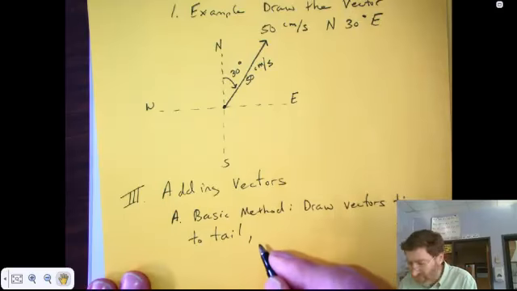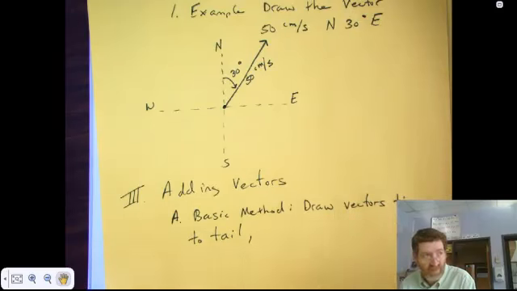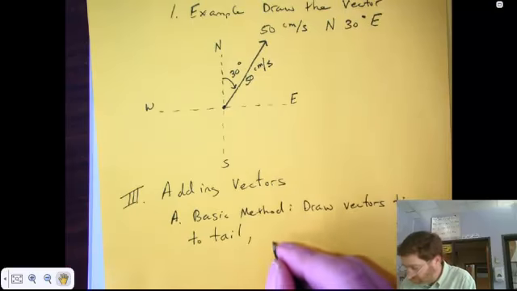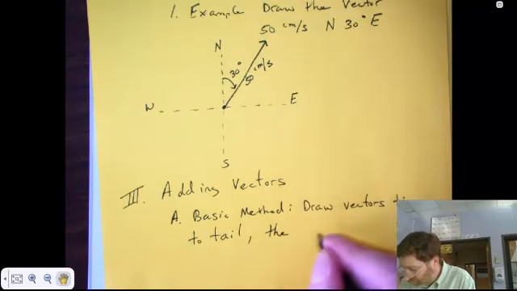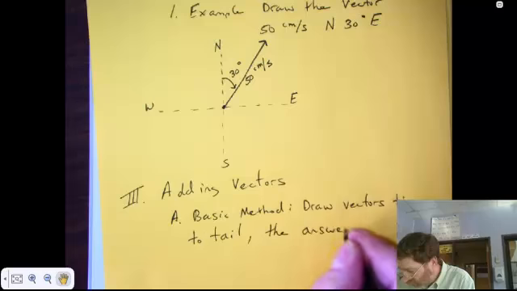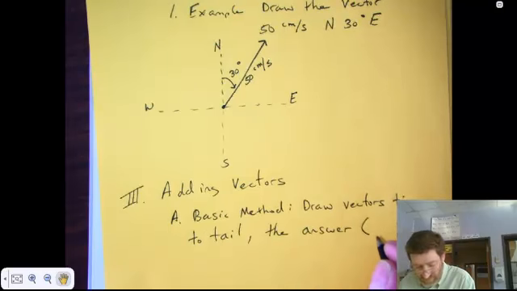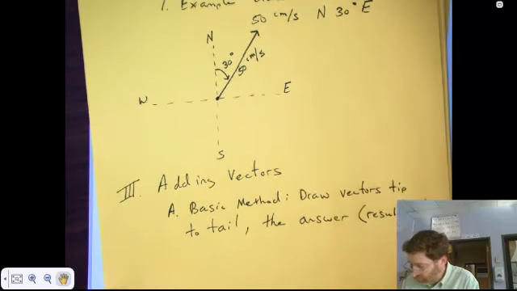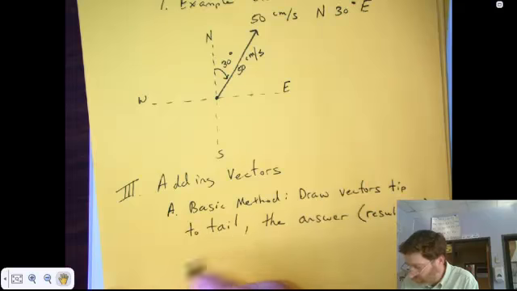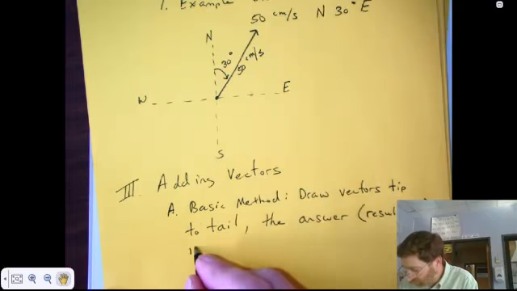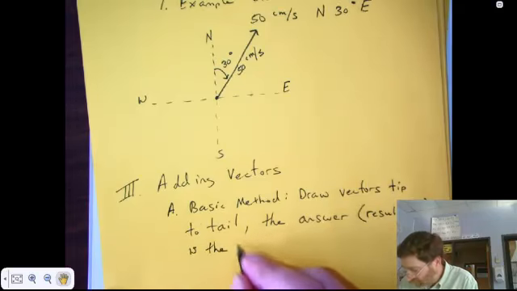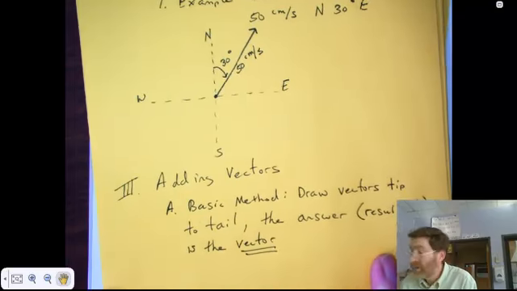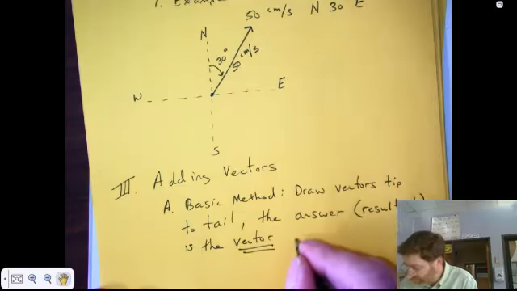And then the answer goes from the beginning to the end of all the vectors you've added. Sometimes referred to as the resultant. The answer is the resultant. The resultant, of course, is a vector from beginning to end.